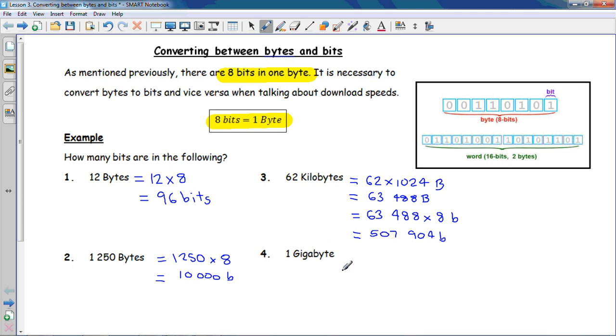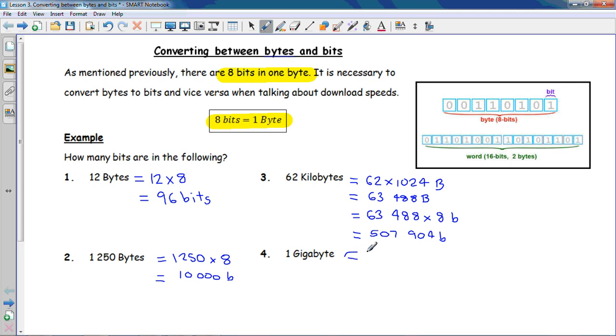Now to our gigabyte. So 1 gigabyte to bytes. So we go from bytes to kilobytes to megabytes, then to gigabytes. So we're going 3 steps: byte, kilobyte, megabyte, gigabyte. So we're having to multiply 3 times.